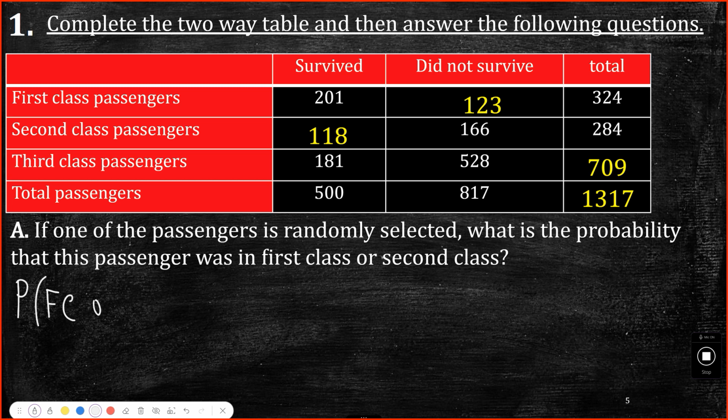First class or second class? So you were either in first class or second class. You could not have been in both. So this is mutually exclusive.